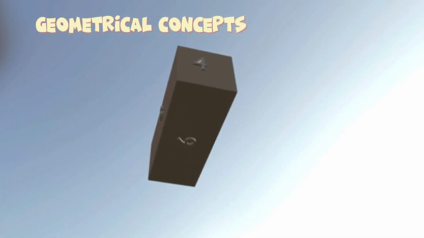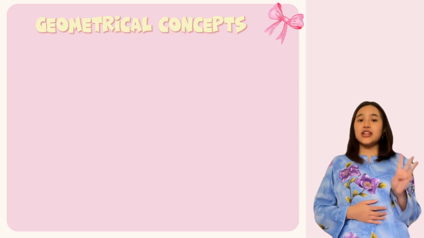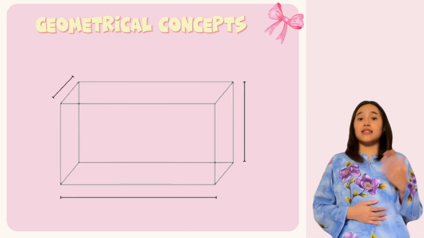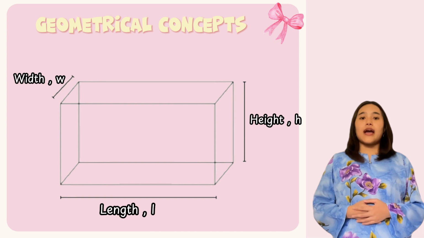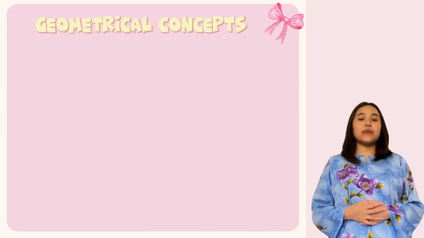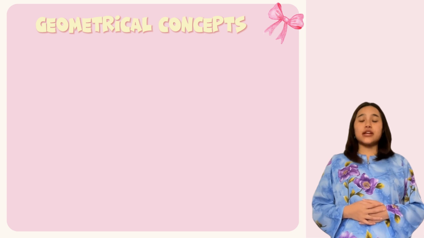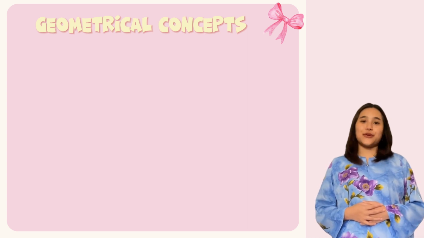It also has 3 pairs of opposite faces that are identical or congruent. It has 3 dimensions, which are length, width, and height, or known as altitude. Similar to other 3-dimensional shapes, a rectangular prism also has its surface area and volume.